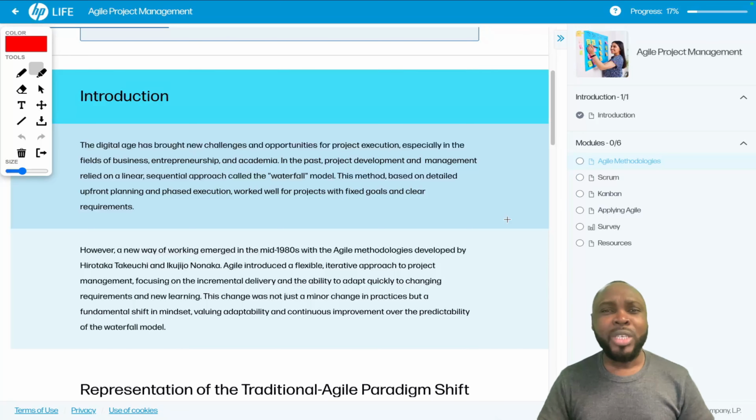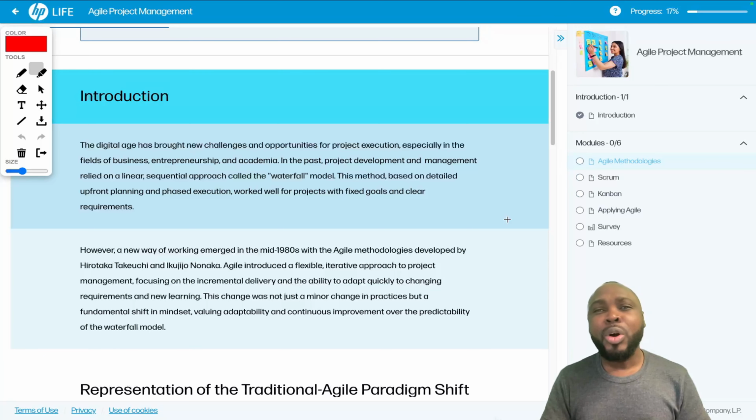And this project methodology works very well with projects that have fixed requirements, that is, the requirements will not change, or for projects where the outcome can be predicted. It's predictable, and that is why the model is sometimes called the predictive methodology.